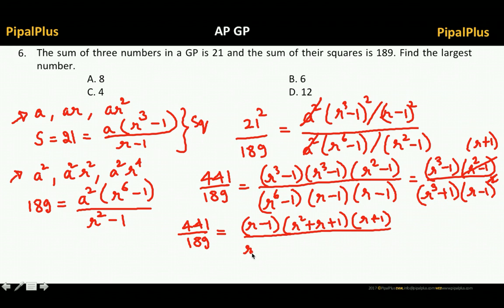We get (r plus 1) into (r squared minus r plus 1) and this (r minus 1). Again, quite a few things are going to cancel, right? So I'm left with this term, 441 upon 189 equals (r squared plus r plus 1) upon (r squared minus r plus 1).